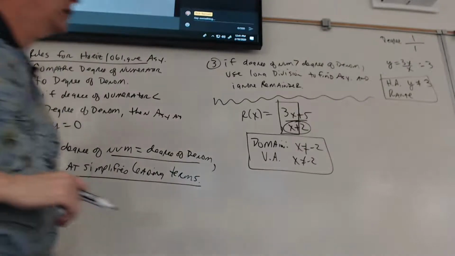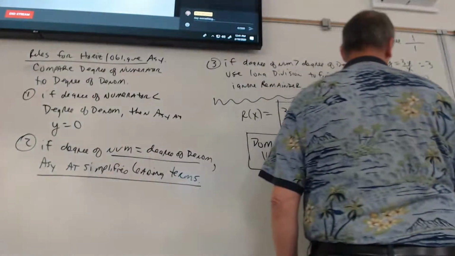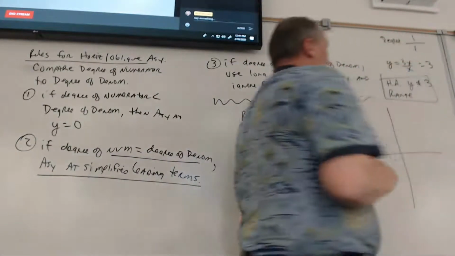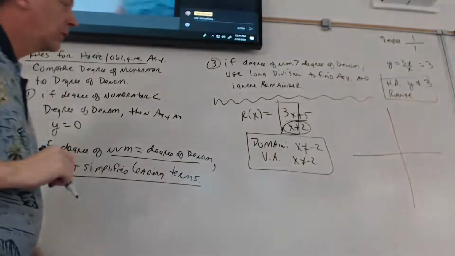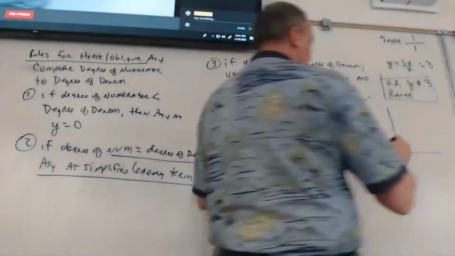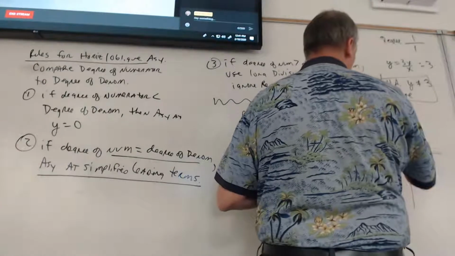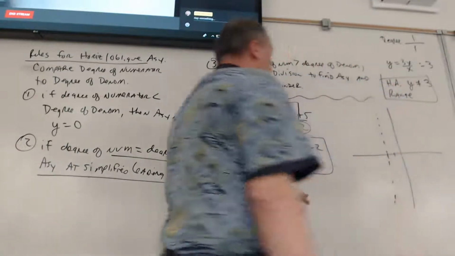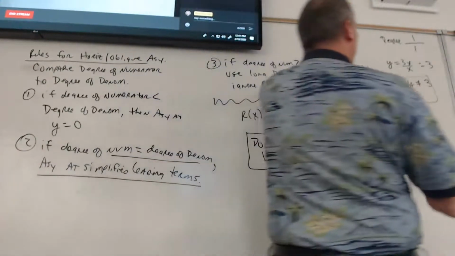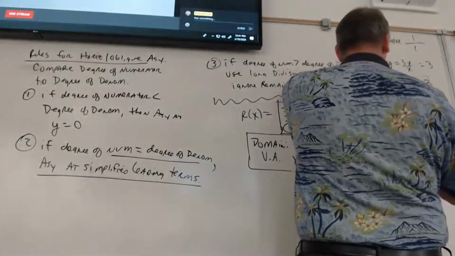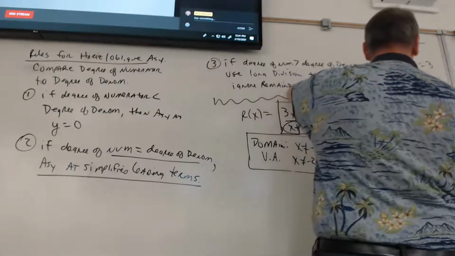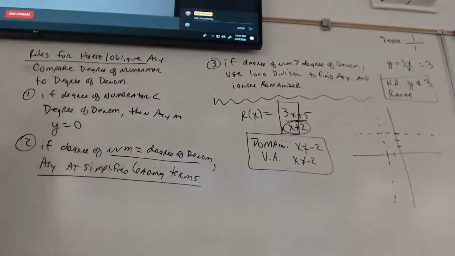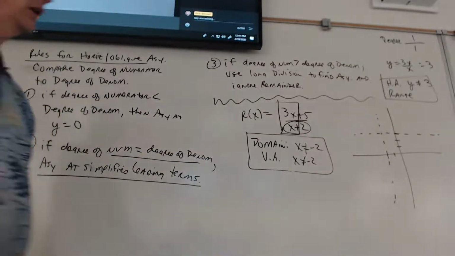All right, so as we draw this, okay, we've got a vertical asymptote of x cannot equal -2. We have a horizontal asymptote at y cannot equal 3. Okay, now we just need to figure out how this is going to work as far as graphing goes.